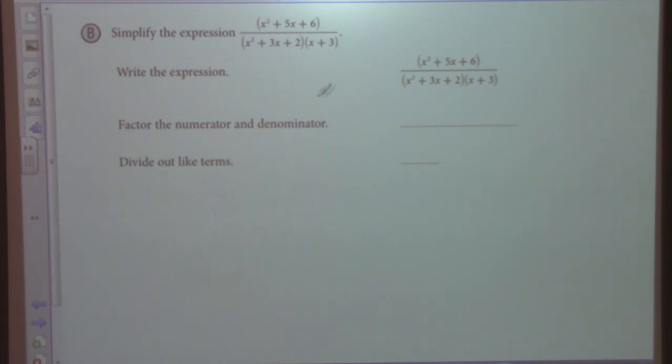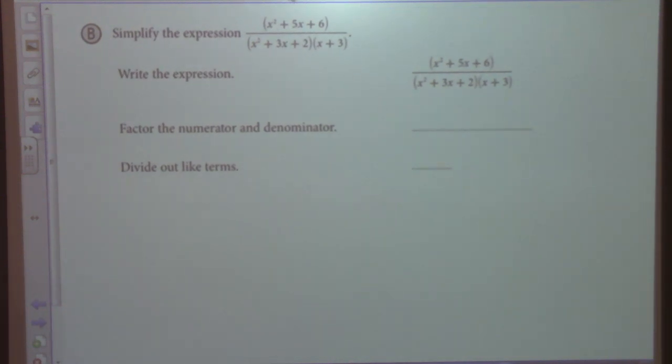What would be the factors of our numerator and our denominator here? x plus 3 and x plus 2. So x plus 3, x plus 2. Does that look right? Yeah, that's right. Okay? And now in the denominator, we're going to carry forward this x plus 3 that we left down here. But can we factor this other thing down here too?